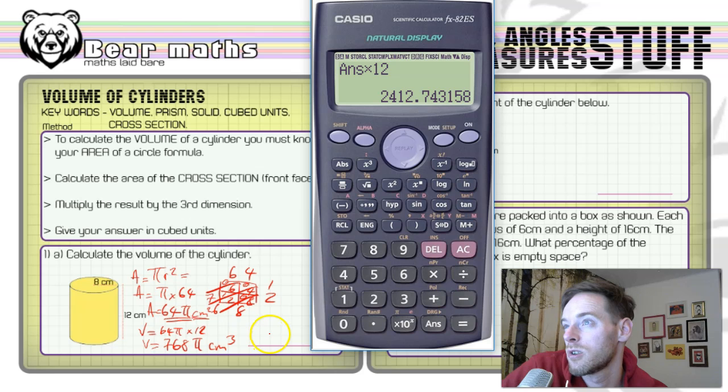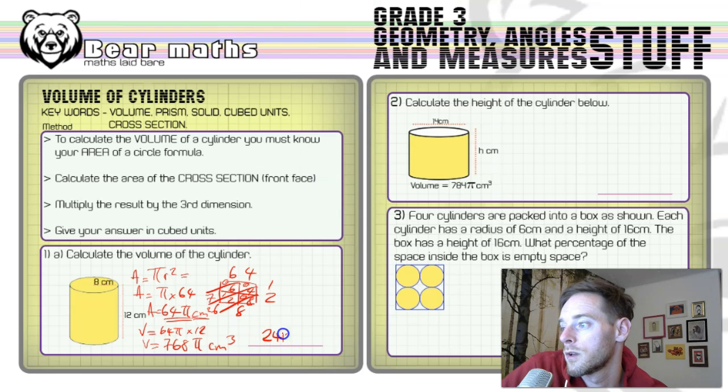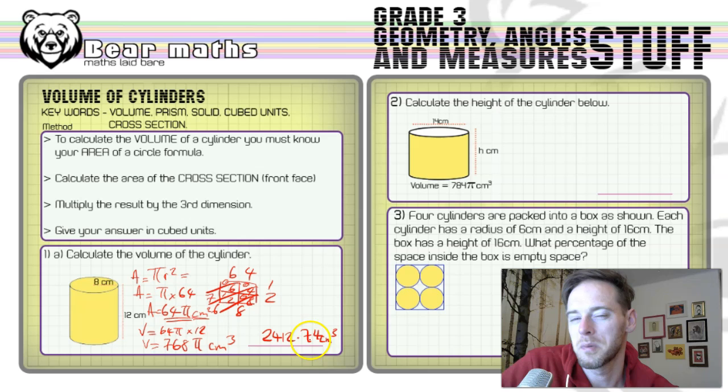I'm going to round it to 2 decimal places, so 2412.74 centimeters cubed. There's my answer, and I've got you both. If you had to do it without a calculator, that's how you would do it. But you're probably going to get it on a calculator paper, in all honesty.